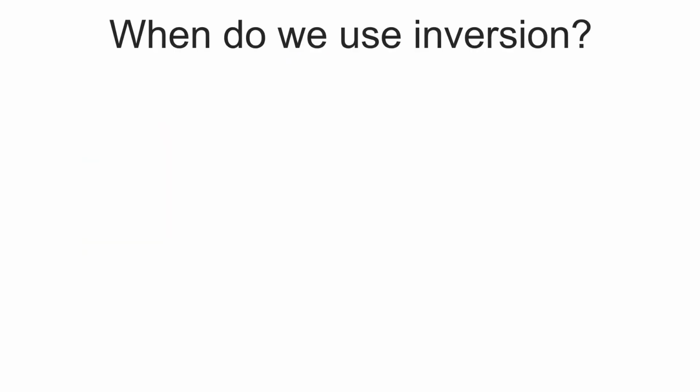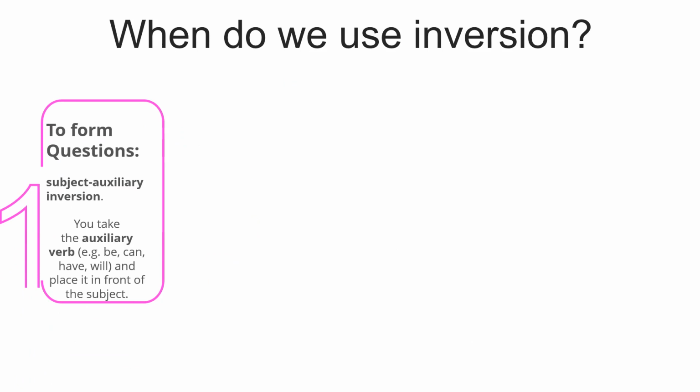So when and how do we use inversion? We use inversion to form questions. So if we want to form a question, we take the auxiliary verb, and by auxiliary verb we mean verb to be like was or were, or is or are, can or could, have, has or had, or will, and we place it in front of the subject.